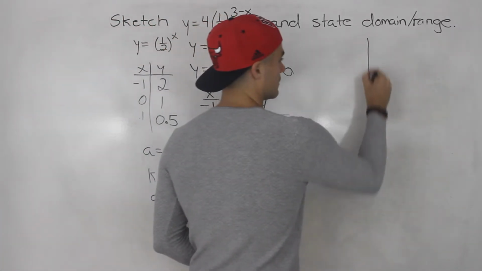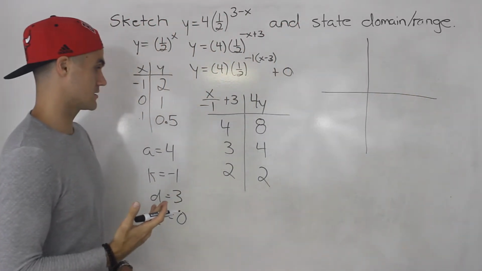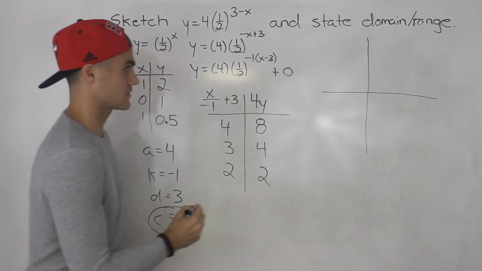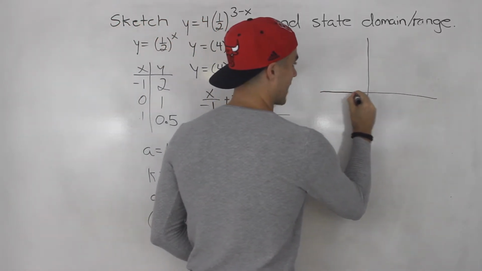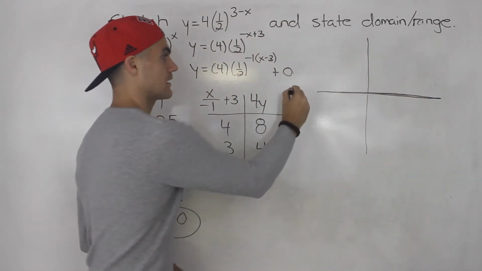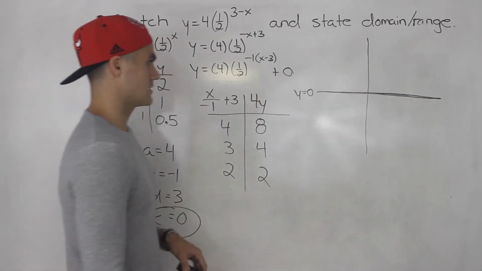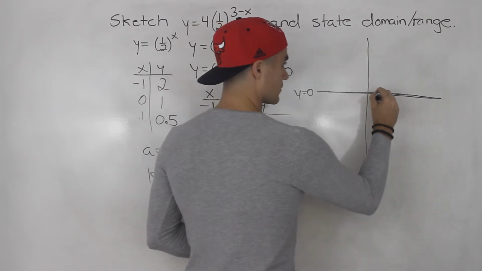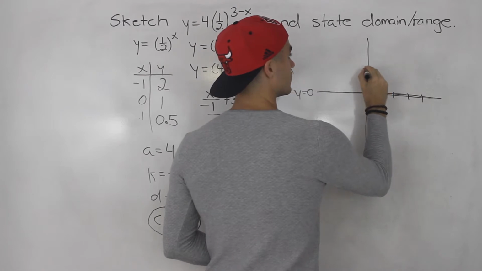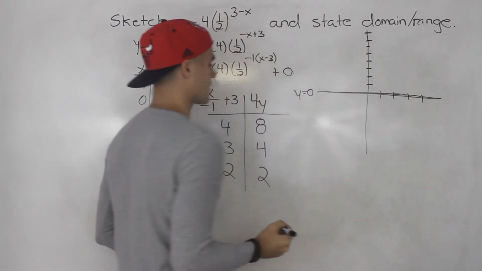So from here, let's graph this. So the c value is 0. That's the horizontal asymptote. So we know the horizontal asymptote is going to be happening on the x-axis, right? That's the line y equals 0. And then plotting these, so let's draw some points. 1, 2, 3, 4. 1, 2, 3, 4, 5, 6, 7, and let's put 8 up there.